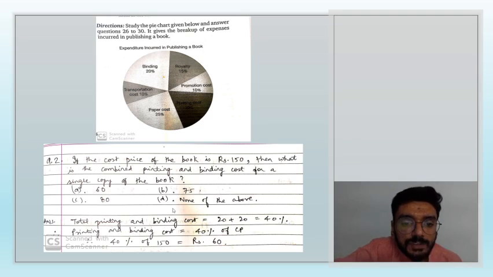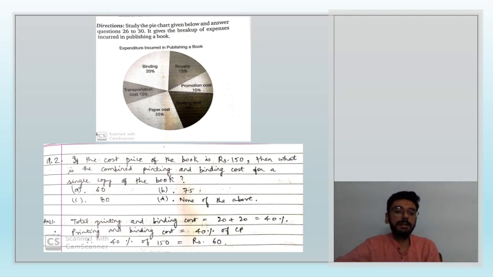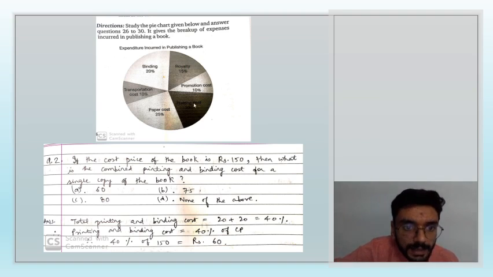If the cost price of the book is rupees 150, then what is the combined printing and binding cost for a single copy of a book? Cost price is given as 150 rupees. Printing cost is here 20%, binding cost is 20%.